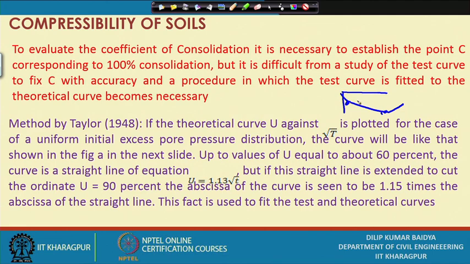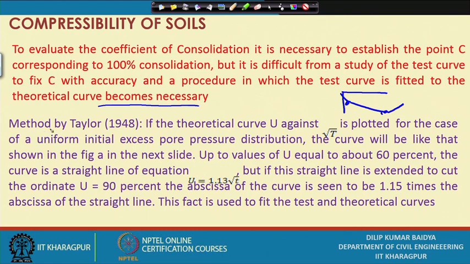Why? Because this is the end of 100% consolidation, but it is difficult from a study of the test curve to fix C with accuracy, and a procedure in which the test curve is fitted to the theoretical curve becomes necessary. So, theoretically we observed, and based on that some adjustment can be done to find out approximately this value.